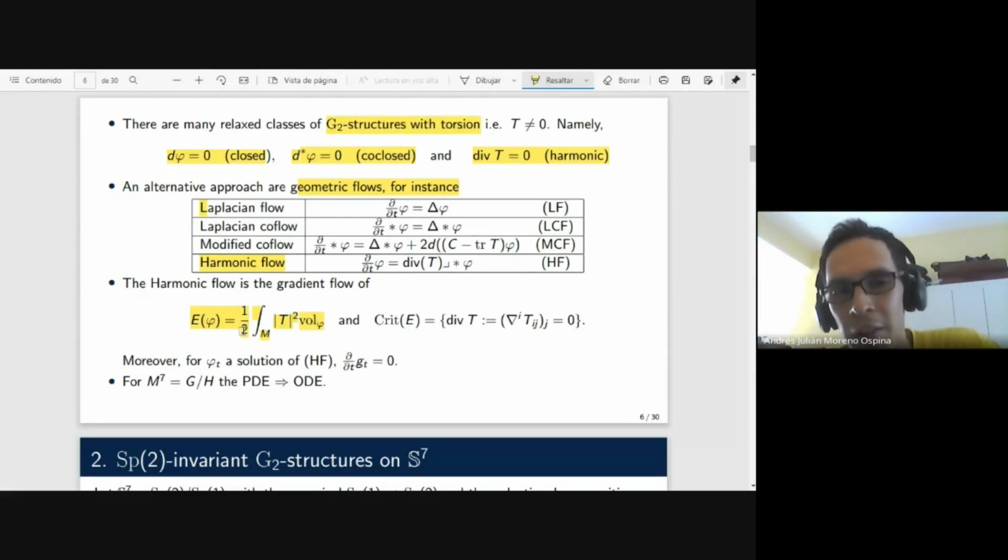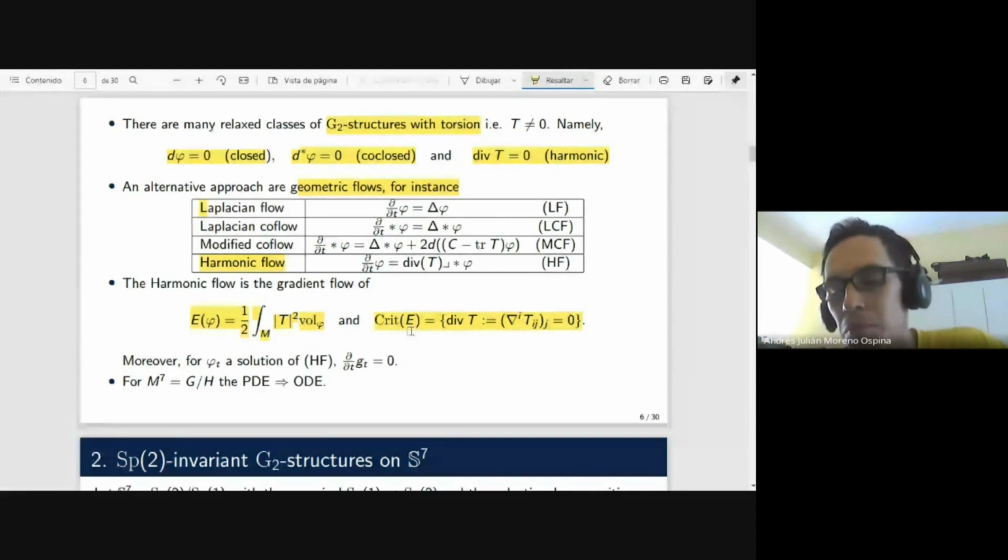And you can see the torsion as the tension field of a map, as in the theory of harmonic maps, and the critical points, which will be the second fundamental form of the harmonic map. In this case, the harmonic map will be our 3 form, our G2 structure. The critical points are exactly the harmonic G2 structures.